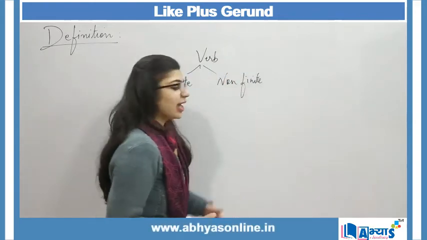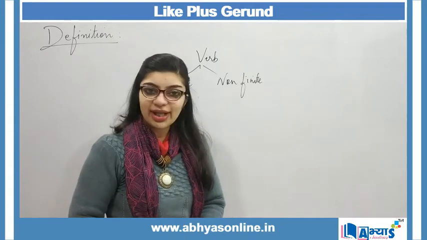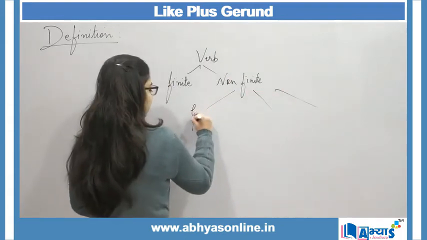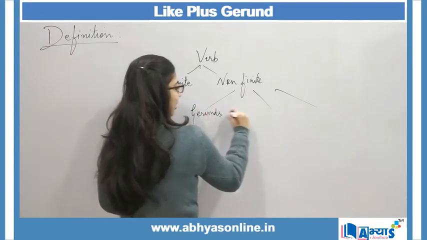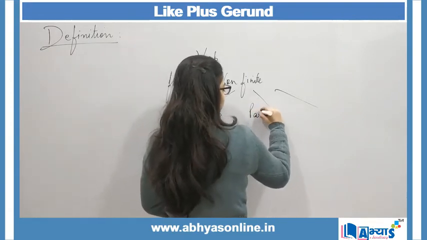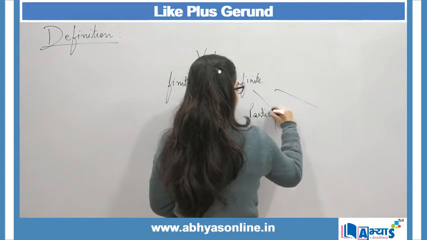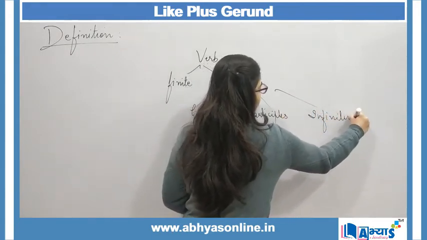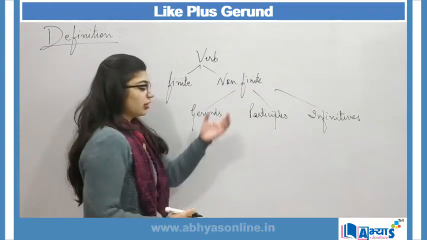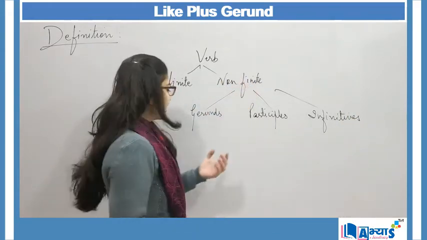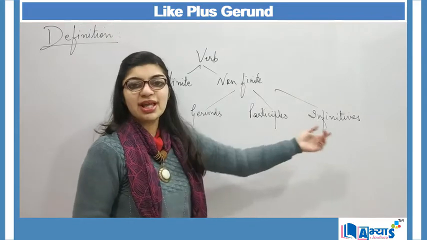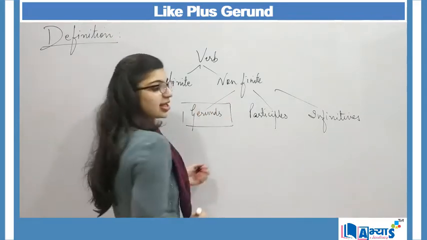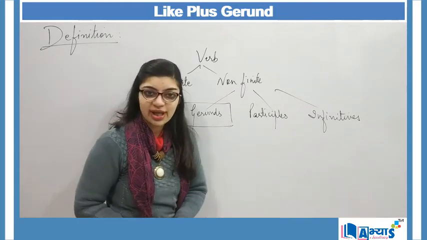Now non-finites are further divided into three categories, and those three categories are gerunds, participles and infinitives. Non-finites are further categorized as gerunds, participles and infinitives. And today in this video, we will be discussing the topic of gerunds.